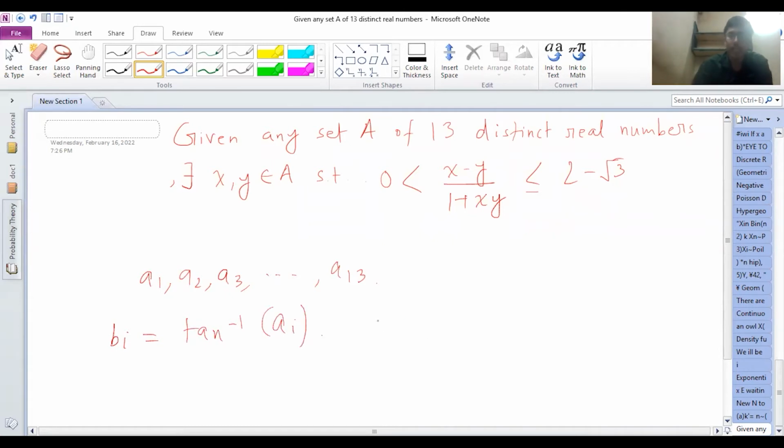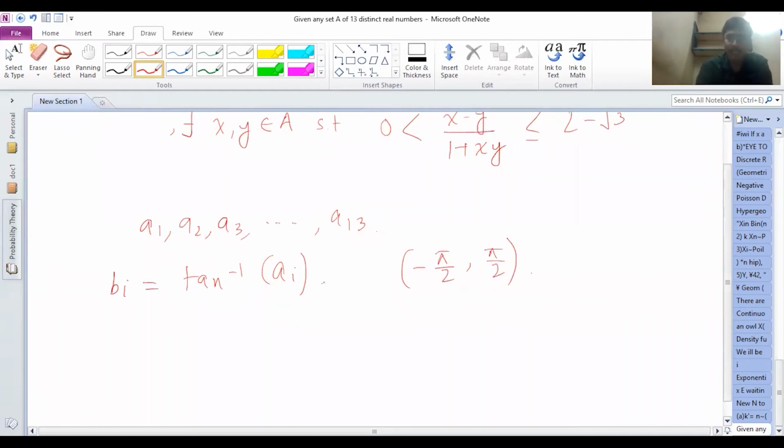Now we know that since the range of tan inverse is minus pi by 2 to pi by 2, both open, all the bi's lie in this interval. So minus pi by 2 is strictly less than b1, b2, b3 up to b13, which are strictly less than pi by 2.